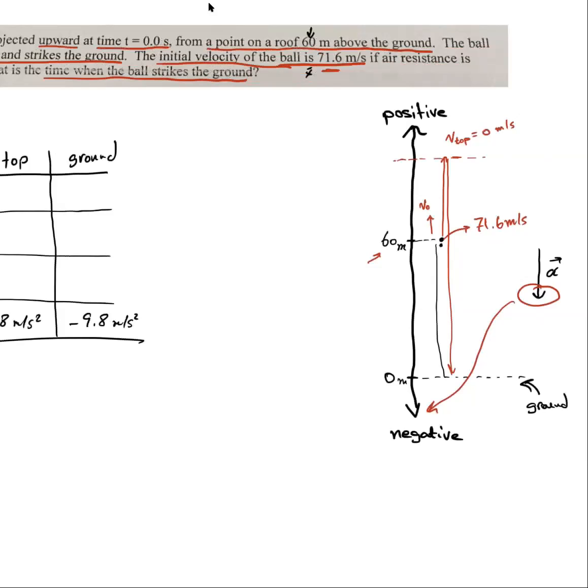The only thing that we need to worry about is giving the sign for the acceleration based on the coordinates. So down is negative, so our acceleration will have a negative value, but it will not change sign if the motion changes direction. Acceleration is always down, and it's based on our coordinates. We will define its direction and it will not change.